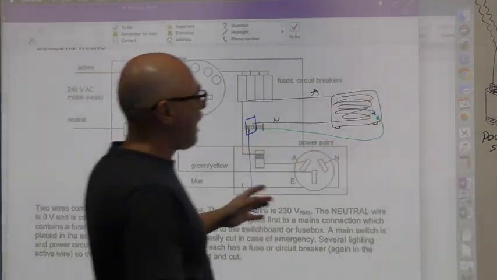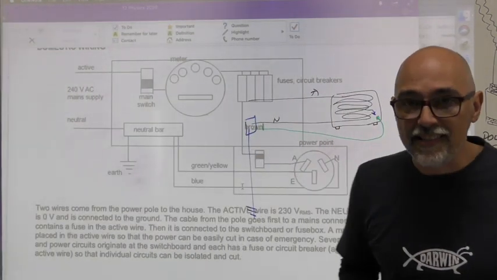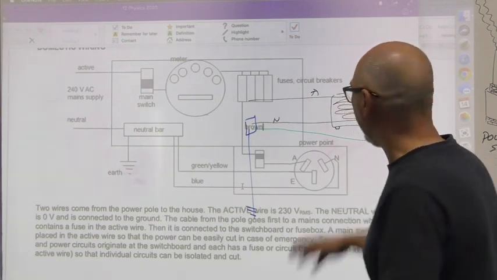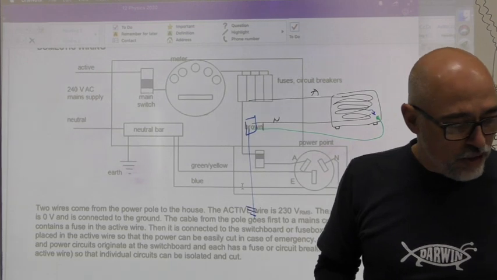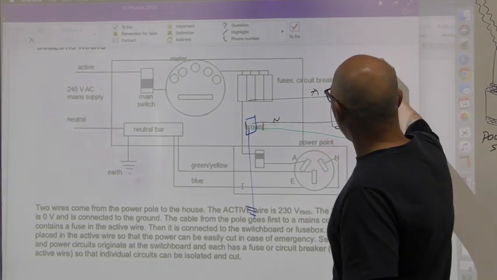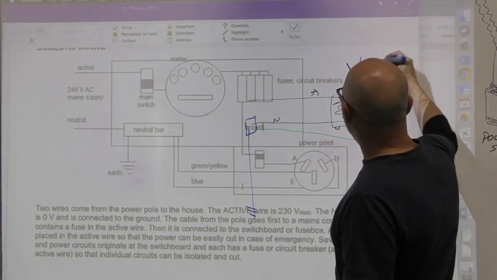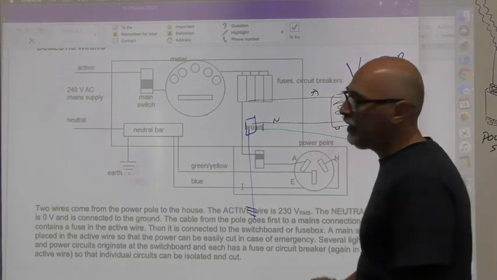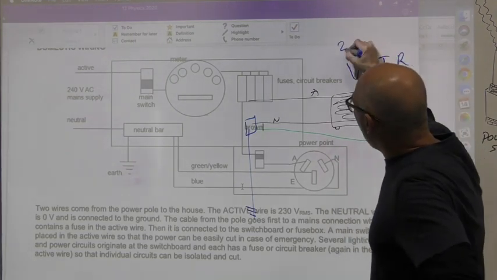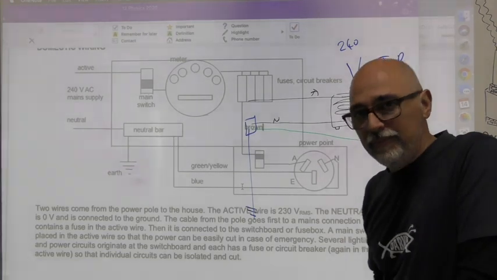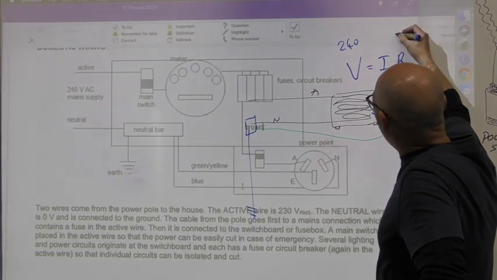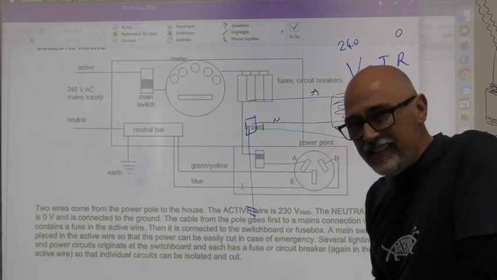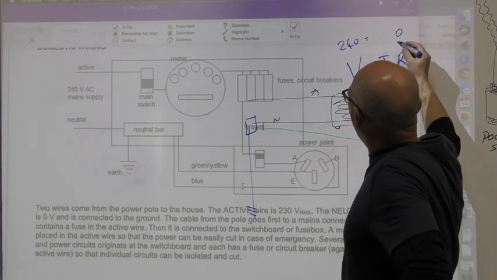Because it offers almost no resistance, because it's just a naked wire, okay? Because it offers almost no resistance, you know from V equals IR, right? If you've got 240 volts coming out, okay, and you've got almost zero resistance, what's your current going to be?